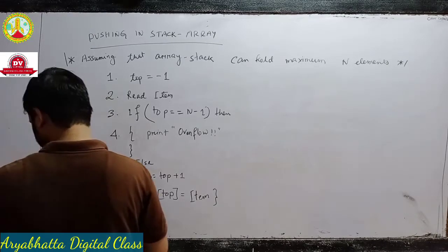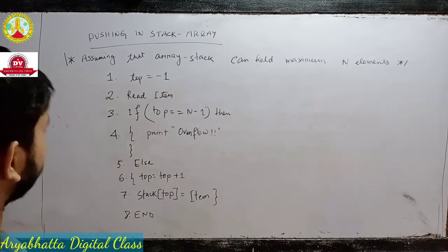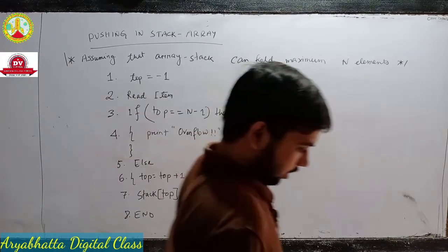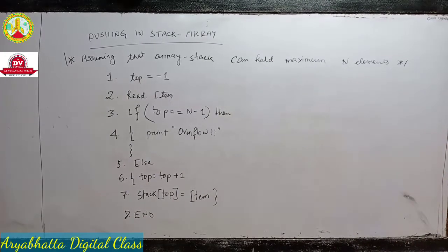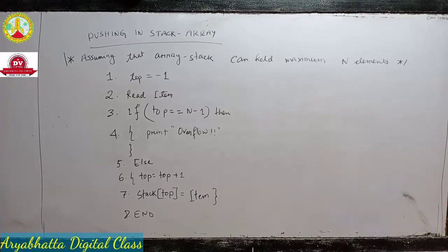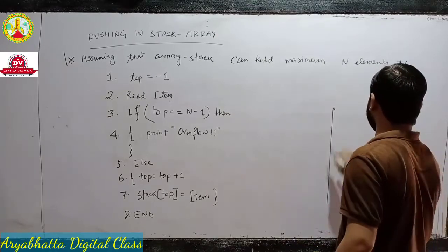Okay, you see, what you understood in the algorithm. If you understood the basic logic of insertion, then you will usually understand this algorithm. We assume the array stack can hold a maximum of n elements.